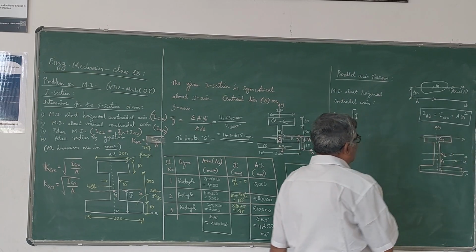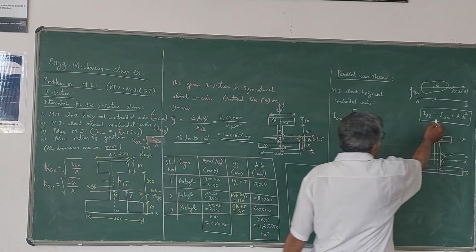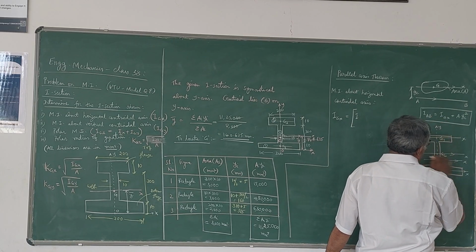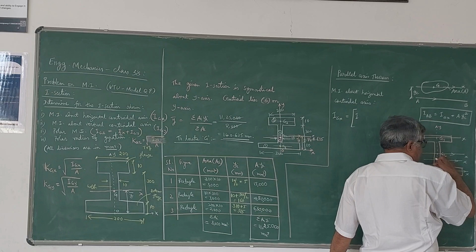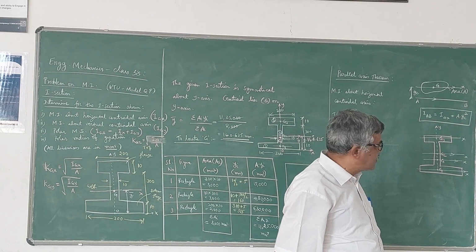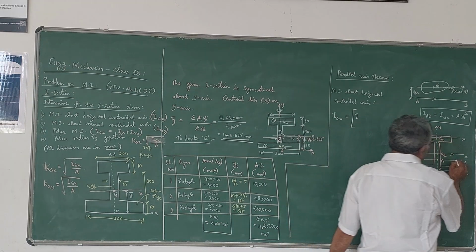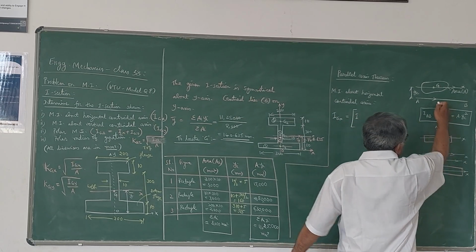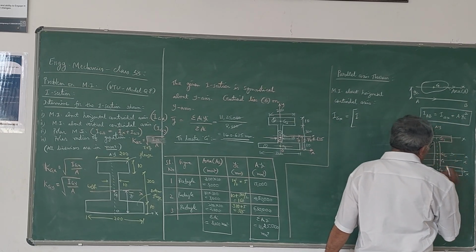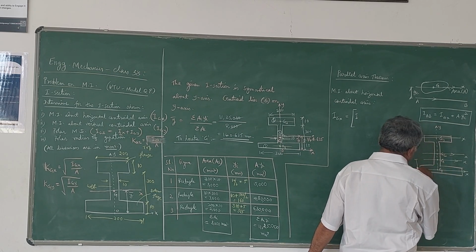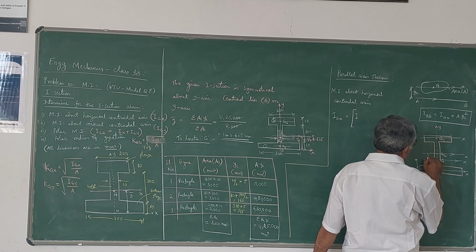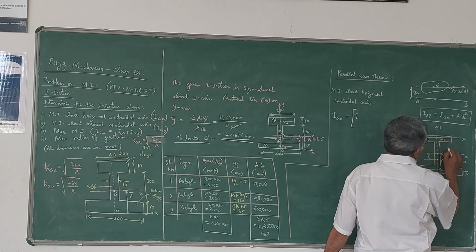Now here in this parallel axis theorem, IAB is nothing but IGX. Please note that all these are centroidal axes with respect to their own simple sections. I want this Gx axis, now it is parallel to that. Only thing is I need these distances: distance from G to G1, distance from G to G2, distance from G to G3.